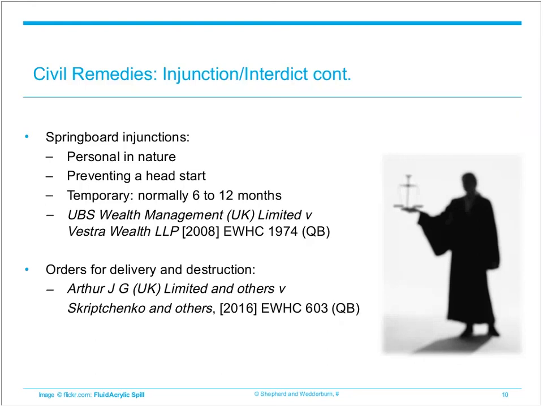In this case, the order was actually made prior to the court's decision on the merits. In order to protect the defendant's position, the court also ordered that copies of the computer files be made prior to deletion and stored with the claimant's solicitor. That way, if the court determined the action was unnecessary, the information could be restored.